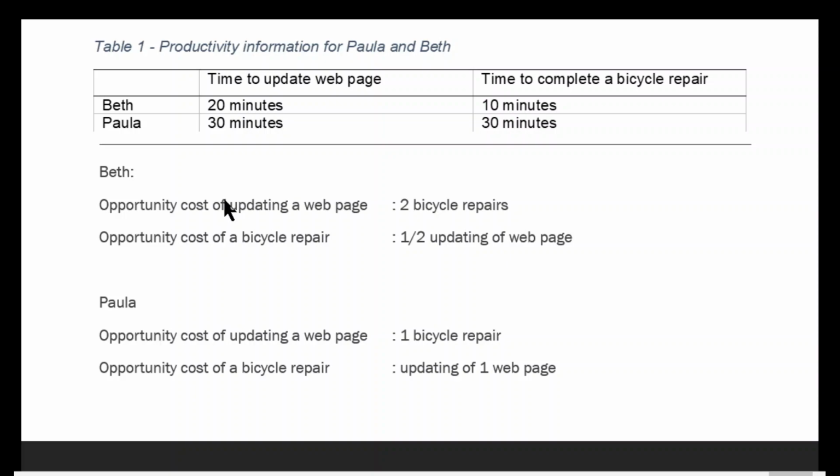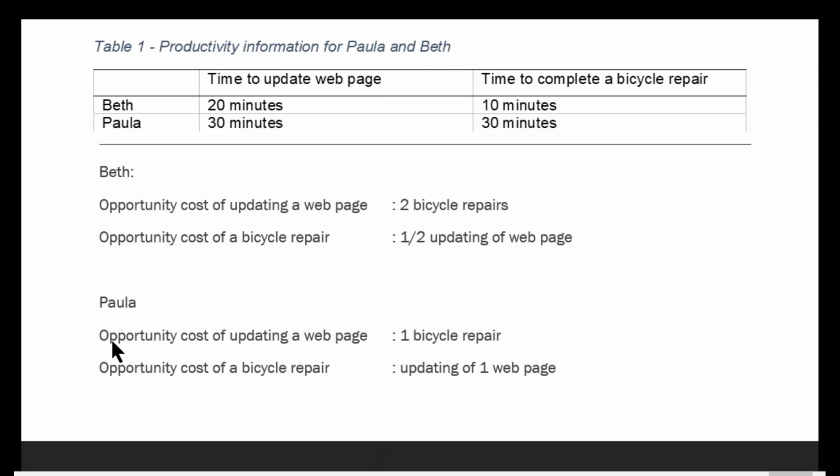If you look at the opportunity cost of Beth and Paula in terms of updating a web page, it is evident that Paula has a lower opportunity cost because she would lose only one bicycle repair. Unlike Beth, if she chooses to update a web page, she would lose two bicycle repairs.